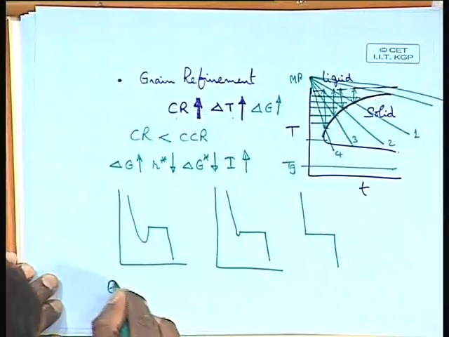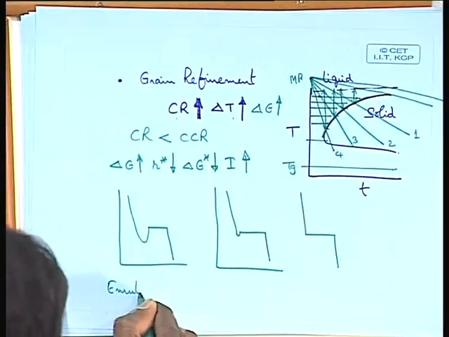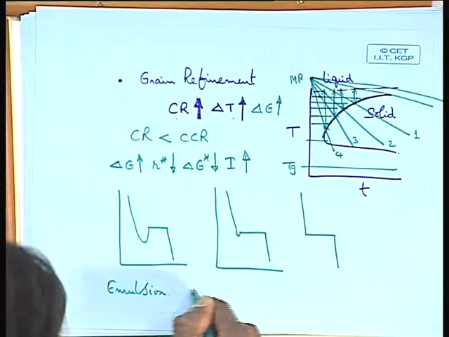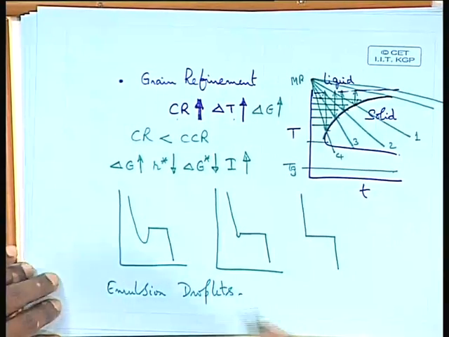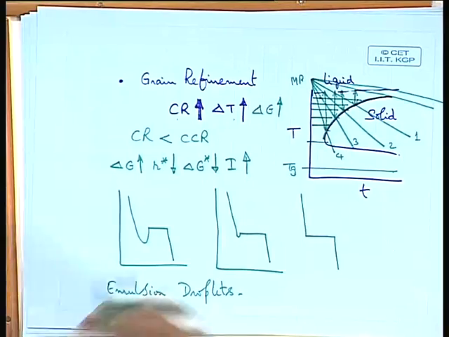That is what people do by what is called emulsification of the liquid. Droplet emulsion techniques, they call it. What they do is take the liquid and immediately emulsify it.